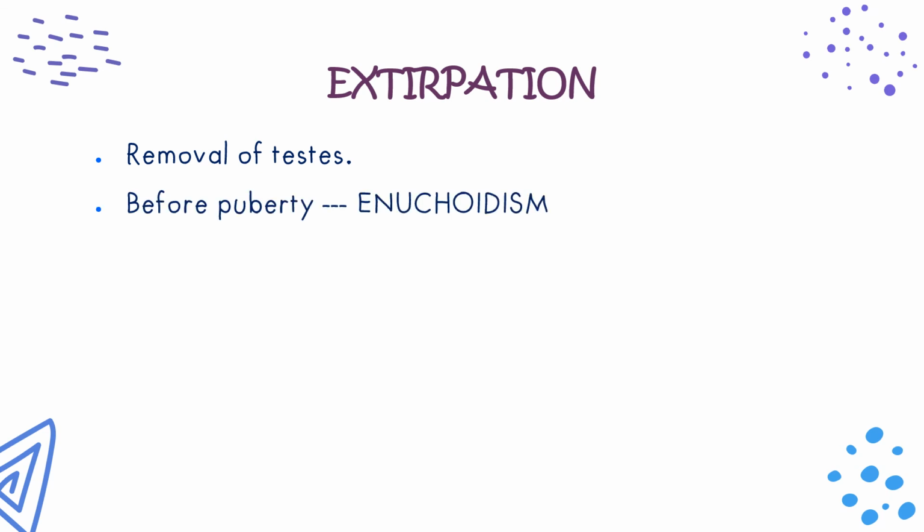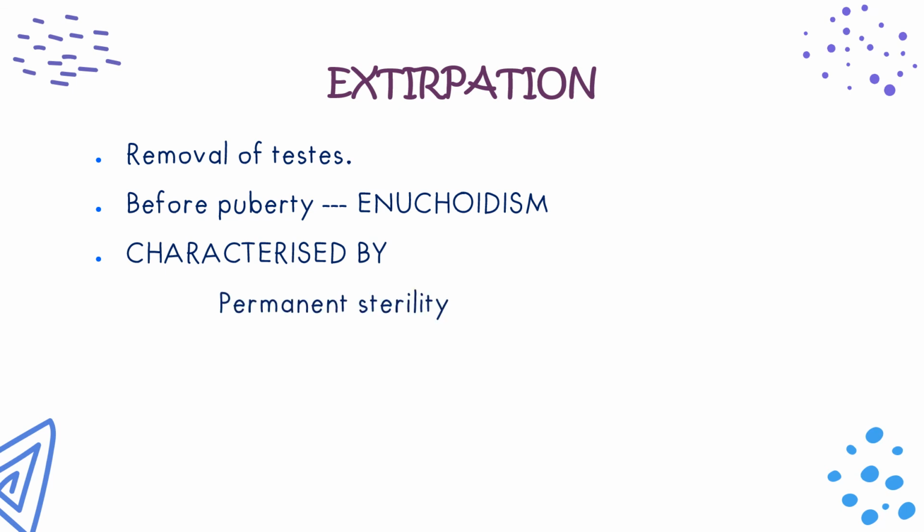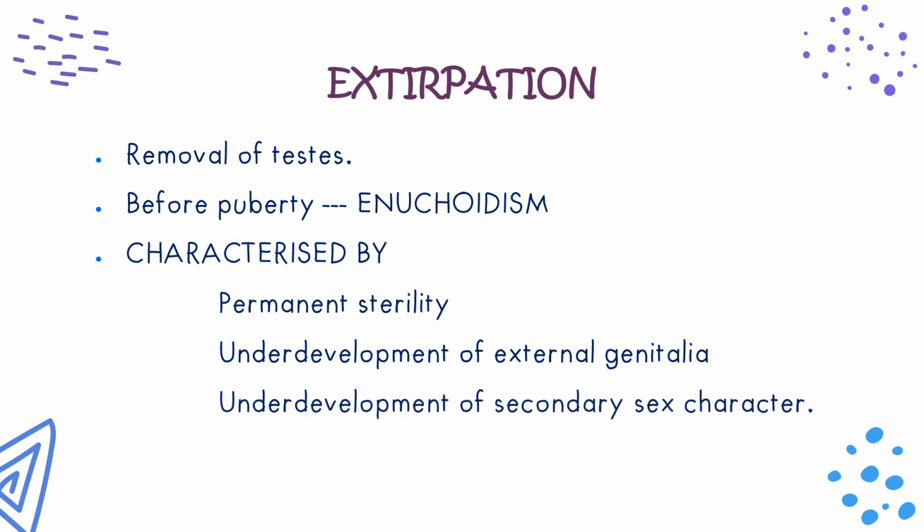So if the removal of the testis happens before puberty, it is known as hypogonadism, which is characterized by permanent sterility, as there is no testis, so there is no sperm production, underdevelopment of external genitalia and also the accessory organs, that is the penis and scrotum, all underdeveloped.